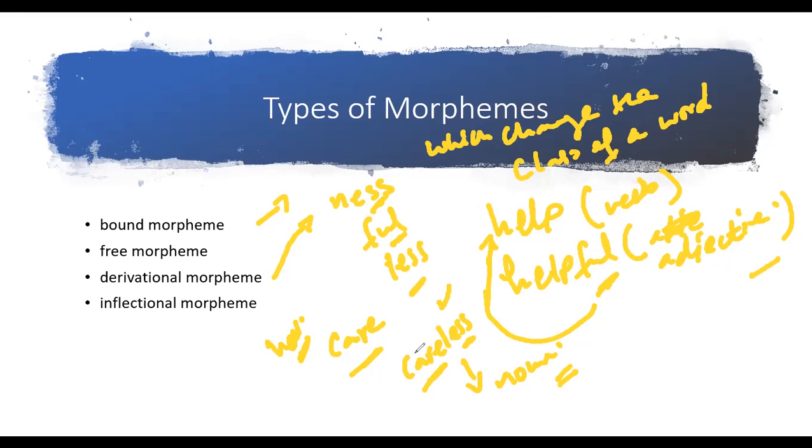So, in the simplest manner, bound morphs that change the category of a word or a free morph are called derivational morphs or morphemes. Now let's talk about inflectional morphemes.